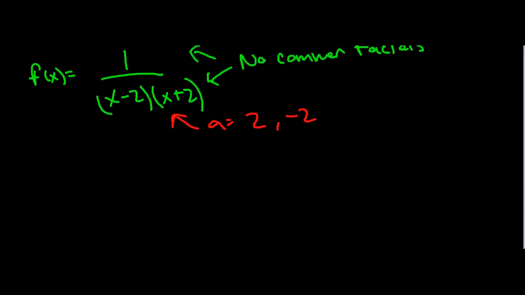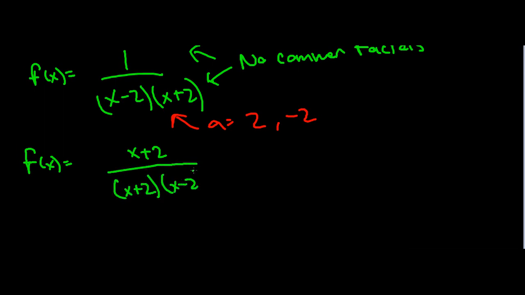Let me give you one more example where we have to divide something out. Let's say we had this, but we had an x plus 2 in the top. In this situation, we do have a common factor, x plus 2.